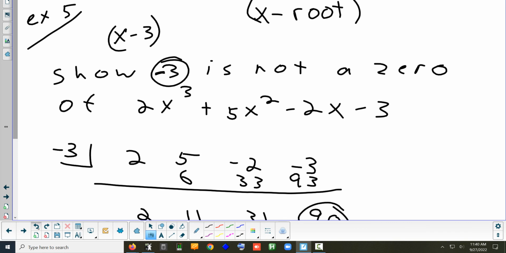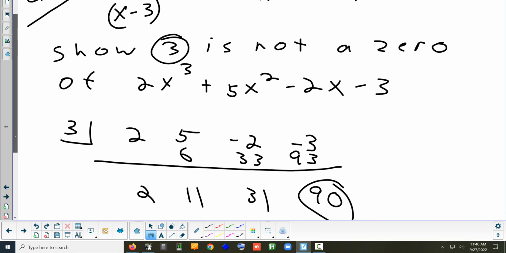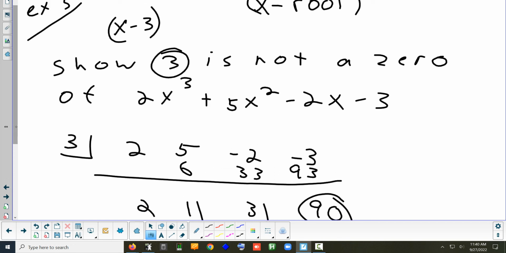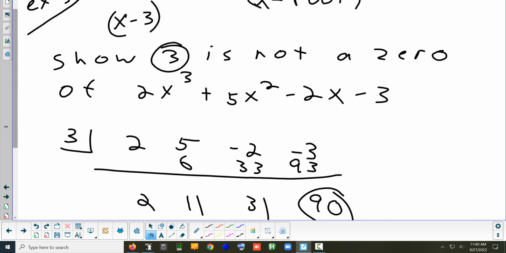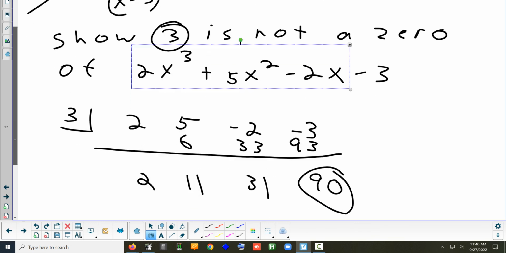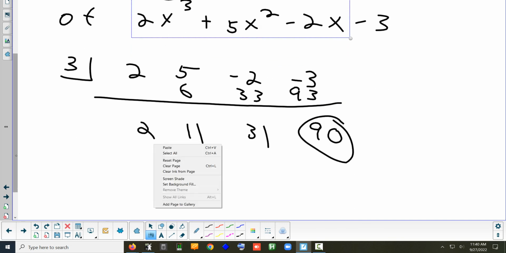Yep. Would you be able to write that in the factor form? This? What we got. I can write this out, but I can't factor this because I didn't get something that went into it evenly. So this result is useless for factoring.